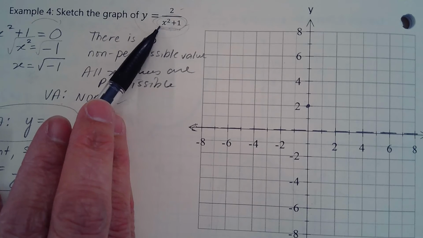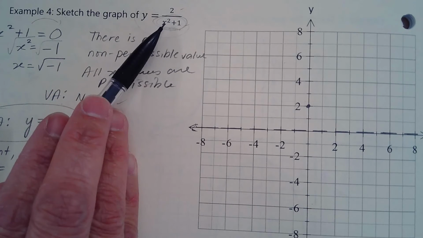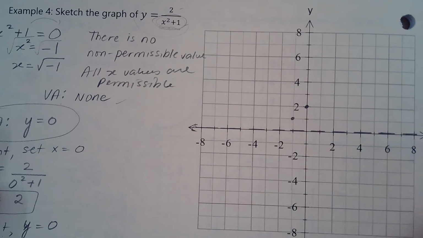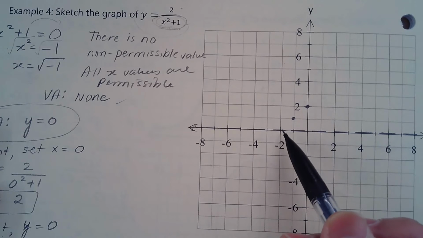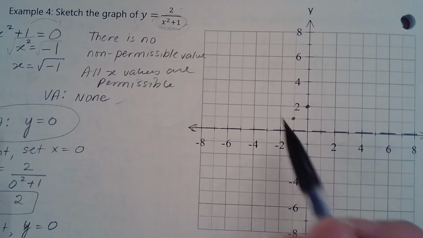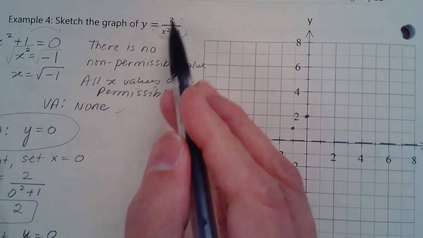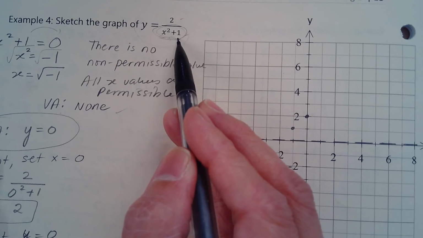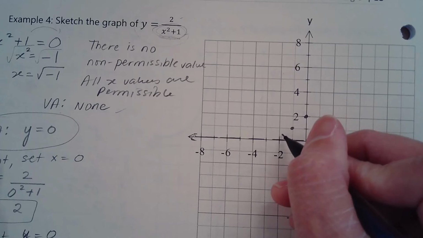It's going to be 2, and then 2 divided by 2 is 1. What if x is negative 2? It's going to be 2 divided by 5, so 2/5.